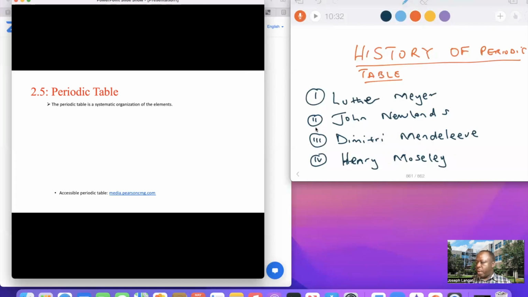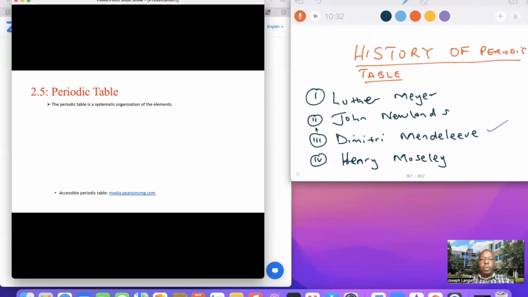Dimitri is considered the father of the modern periodic table, and you might see a question on who is credited for the modern periodic table: a Russian chemist by the name Dmitri Mendeleev. He was looking at the atomic masses of the oxides of the elements, arranging from the lightest to the heaviest, reacting oxygen with elements and arranging the table based on atomic masses, not atomic number.